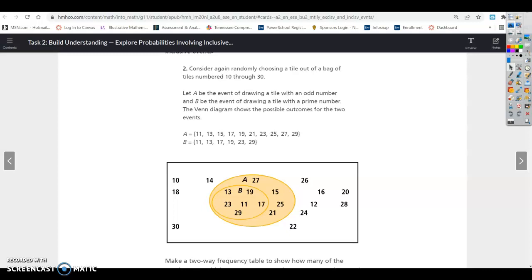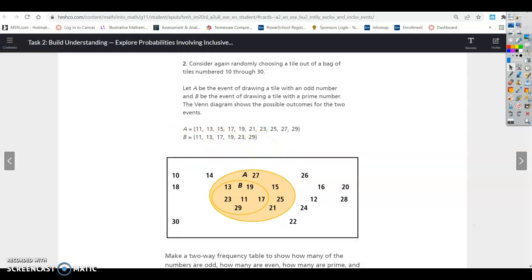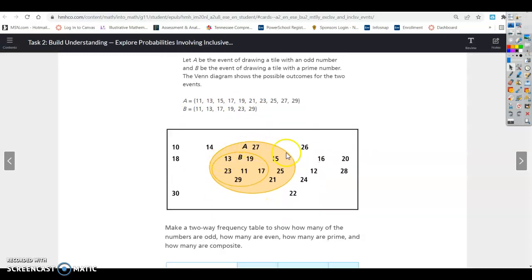Let A be the event of drawing a tile with an odd number, and B be the event of drawing a tile with a prime number. The Venn diagram shows the possible outcomes for the two events. So A, again, is your odd numbers, and B are prime numbers. You can see from the Venn diagram that all of these numbers are odd, but these overlap.